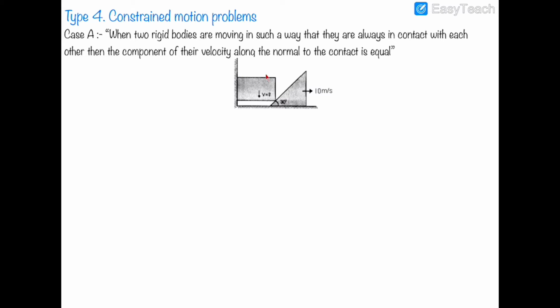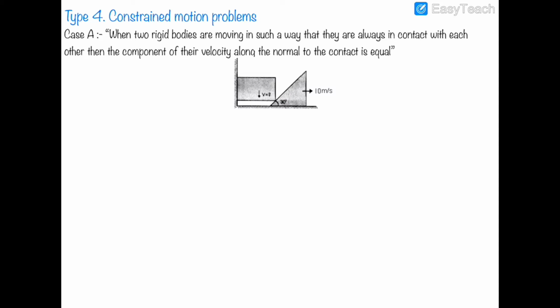So this block will remain in contact with the wall only in a situation in which it will move only in the y-axis downwards. So here is the conclusion, that the velocity of this block is only in the y-axis downwards, and downwards is due to the fact that it will go automatically downwards due to its weight, displacing this wedge towards the right side.